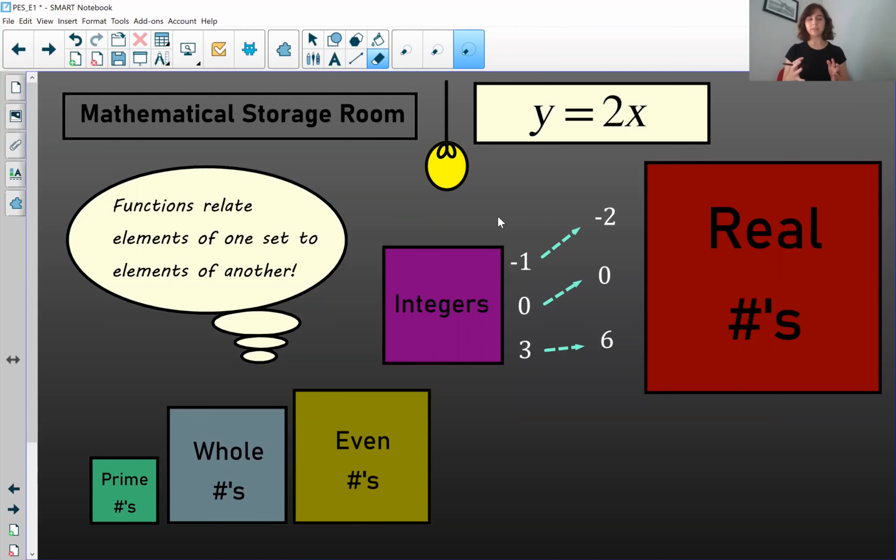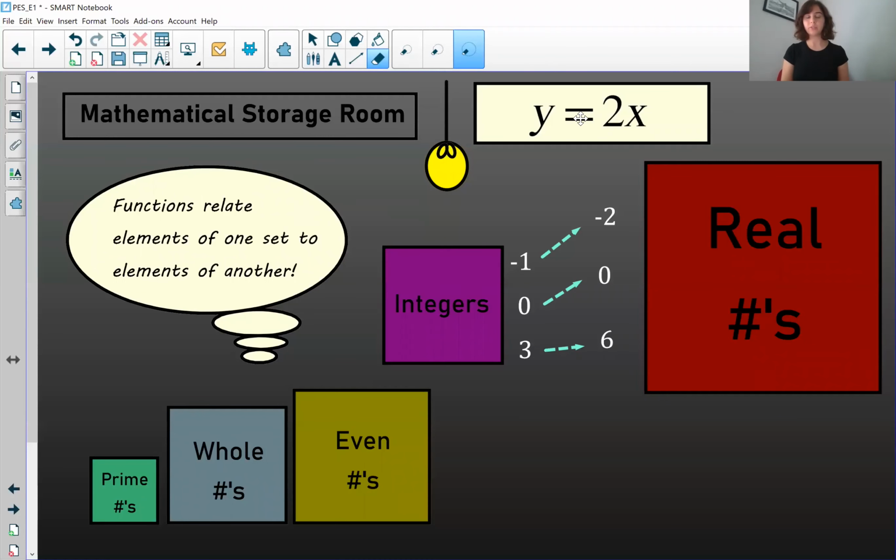So each of these boxes has a collection of numbers in there, and you can pull out some of those numbers and plug them into an equation, a function, and you'll end up getting some outputs that go with another set. So here's kind of a simple graphical example.